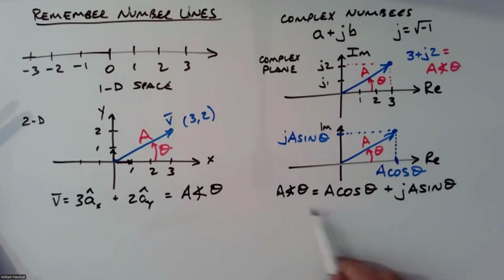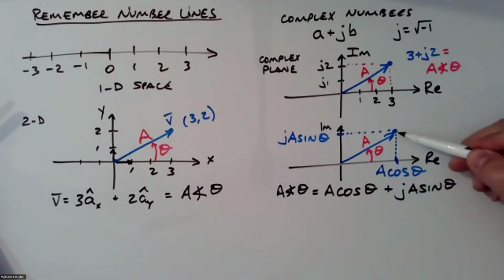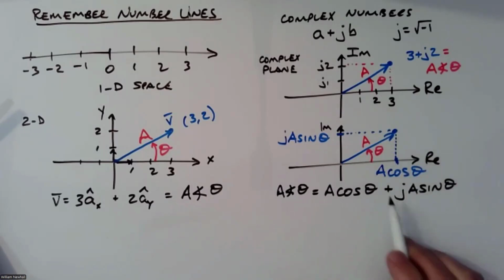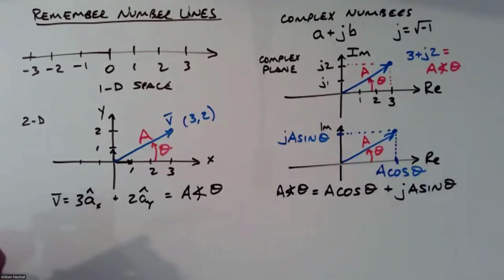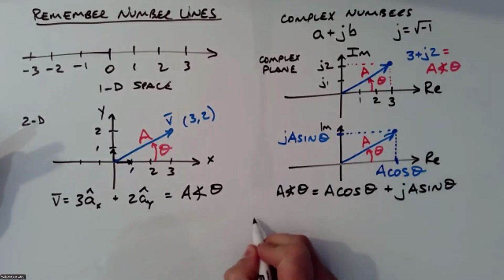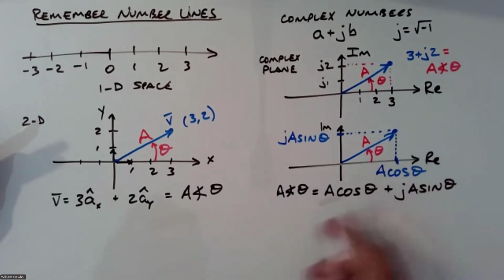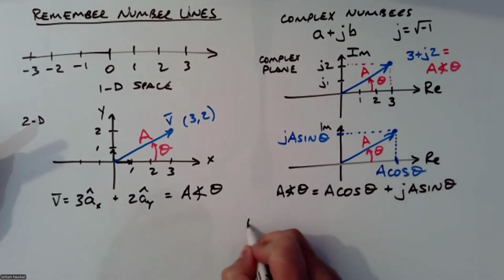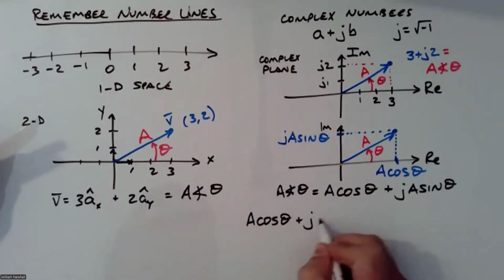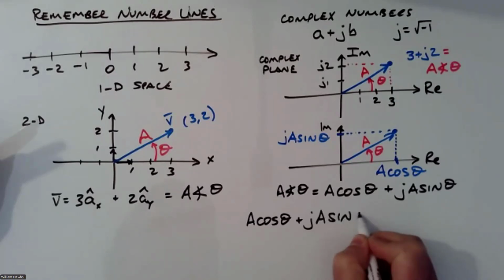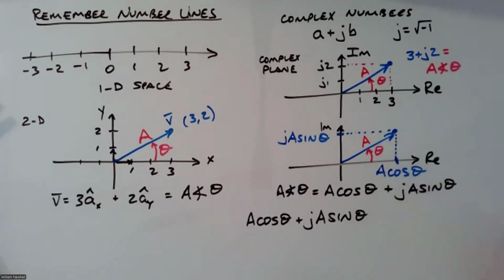Both sides of this equal sign represent the same point on this complex plane. These are equal, so this is also how you transform between polar and Cartesian. This point is described by A cos theta plus j A sine theta. That describes that point, or that vector.